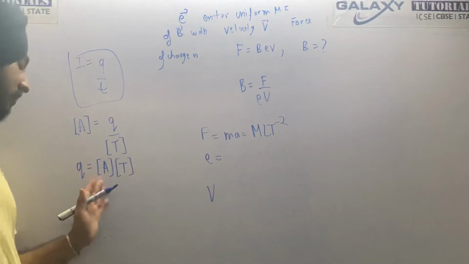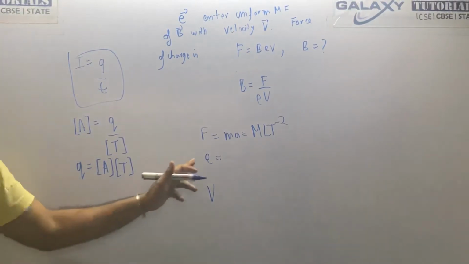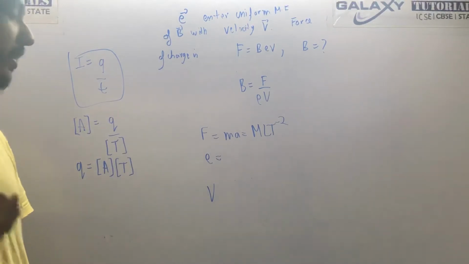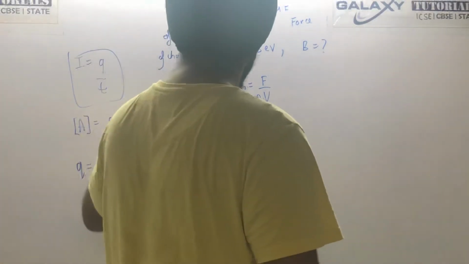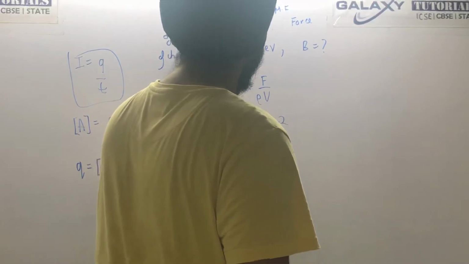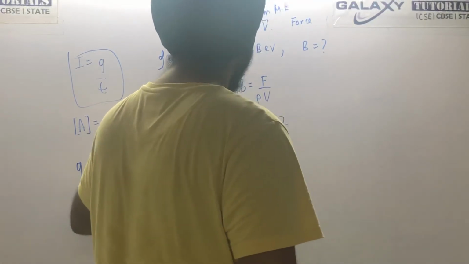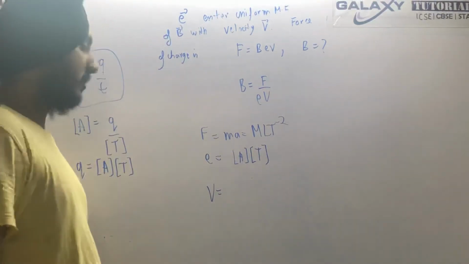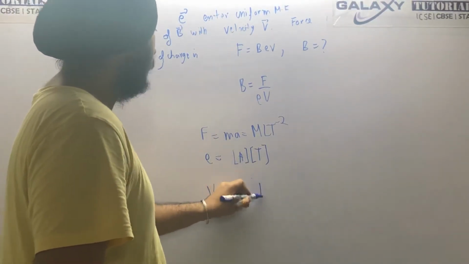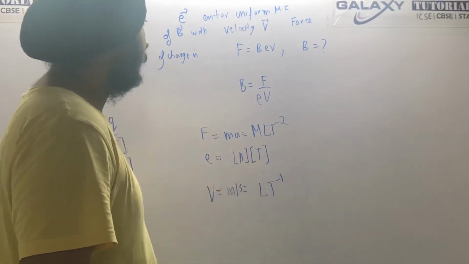And the electron is also a charge, right? It has a value. So the dimension will be the same: you can write electron is equal to A into T. Last one, velocity. Velocity is meter per second, so that will be L T raised to the power minus 1.